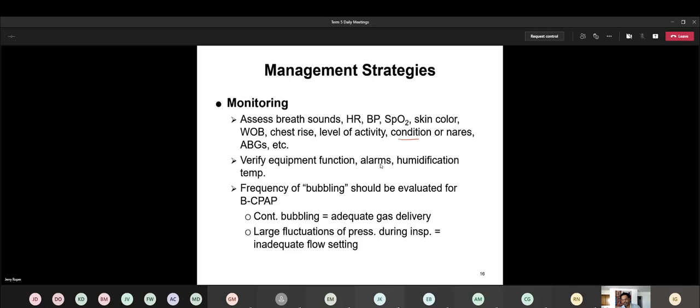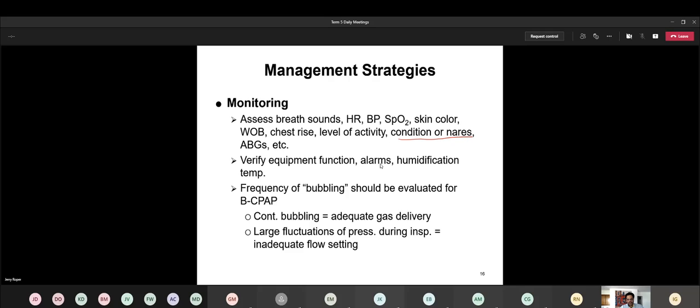You definitely need to be documenting each time that you do an assessment with a baby on CPAP. You've got to take a look at what's going on with their nose and make sure that there's no red, over red, or white, which they call blanching. That would mean no perfusion, et cetera.